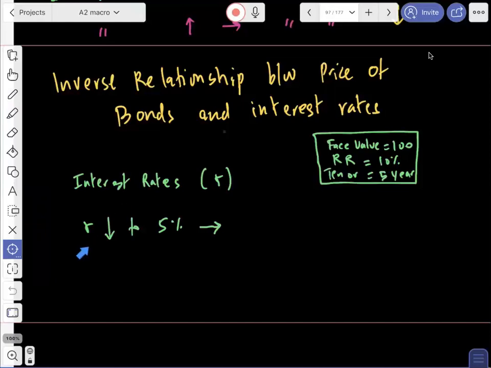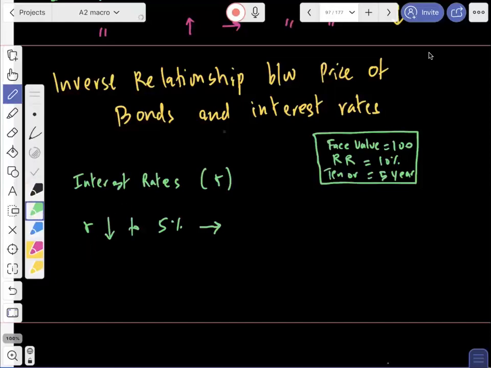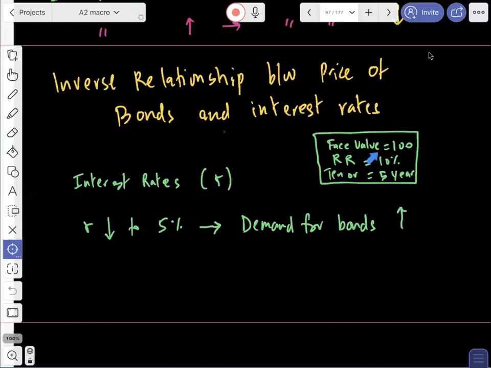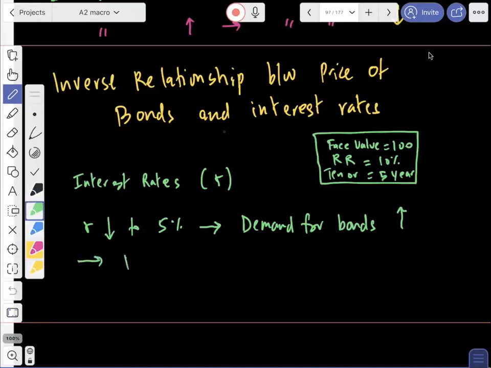So the demand for bonds or government securities giving a return higher than 5% will go up. Does that make sense? And when demand goes up, the price of bonds goes up.